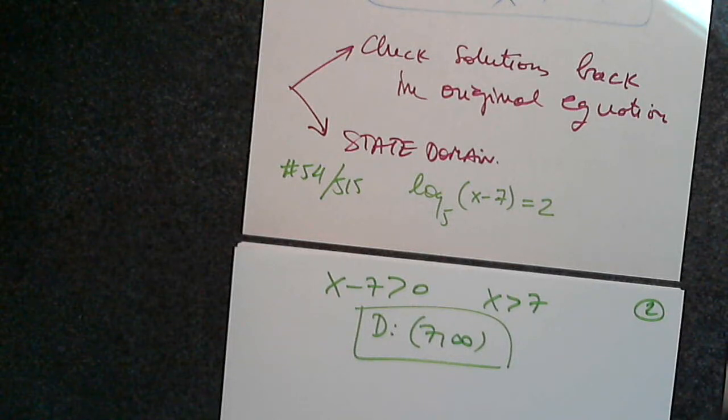So when we determine the domain of this function, the log function, we said log cannot be applied to 0 and it cannot be applied to negative numbers. So we wrote x minus 7 greater than 0, and then we solved the inequality and we got the domain.